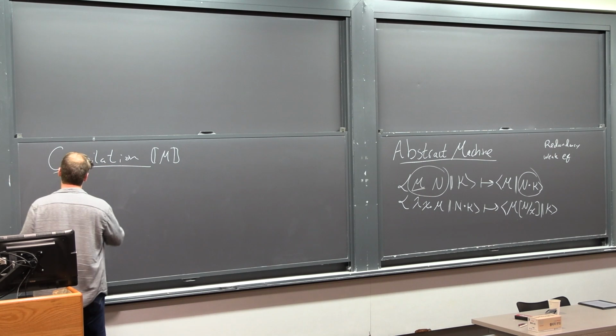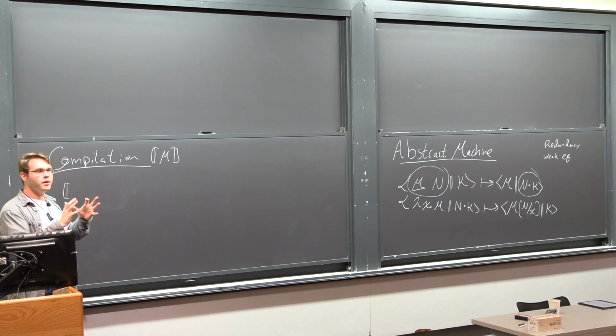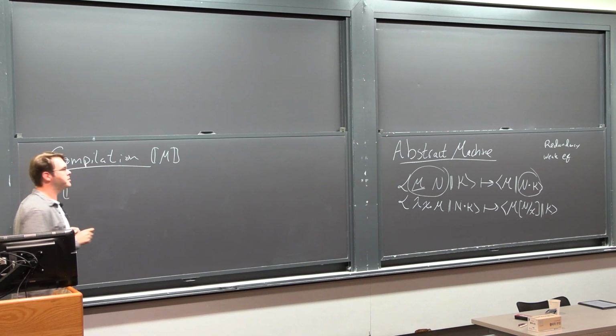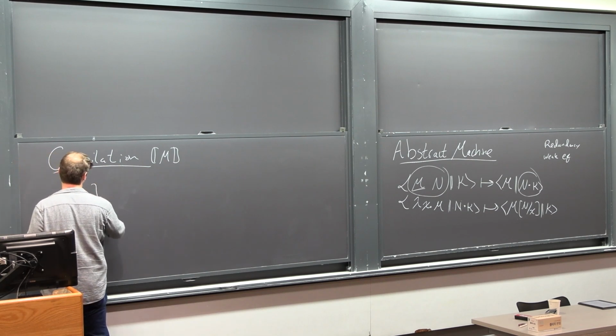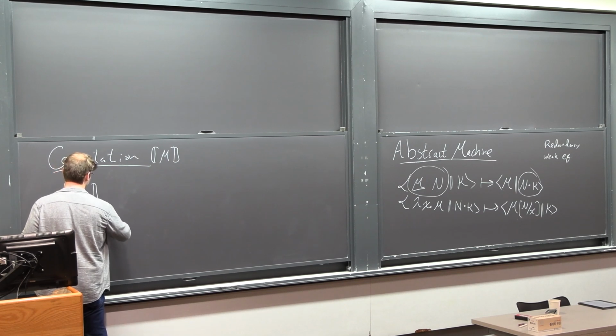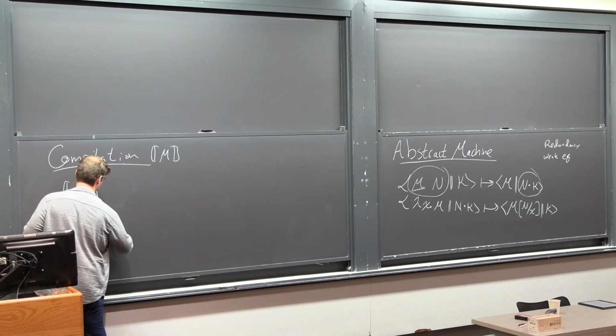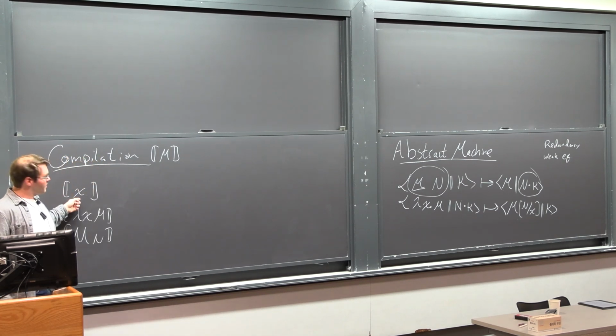Like I said, I'm going to keep things super small so that we don't get lost in too many other details. So there are 3 cases because our lambda calculus is ridiculously small. If I see a variable, a lambda abstraction, or an application.